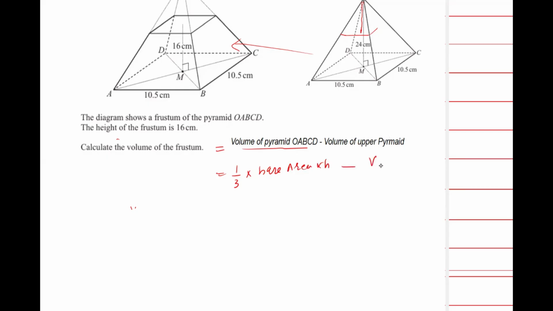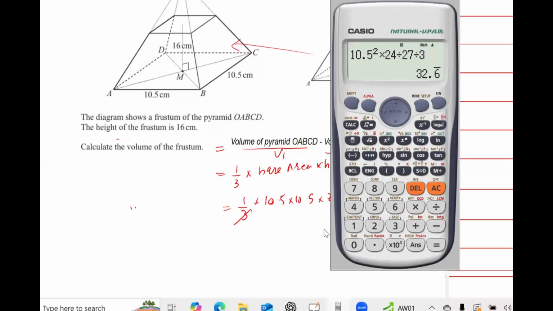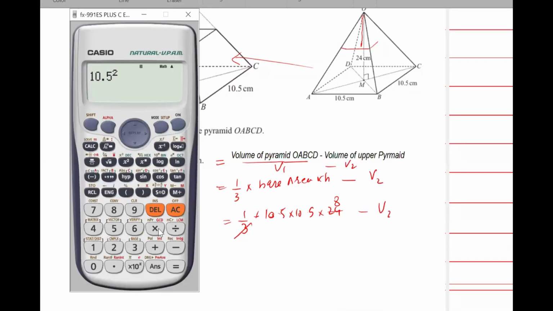We represent this by V2 and this is V1, and we can write 1 over 3, base area will be 10.5 into 10.5, into height 24, and we can write 3 times 8 is 24. This value will be equal to 10.5 square multiply 8, and this value equal to 882.